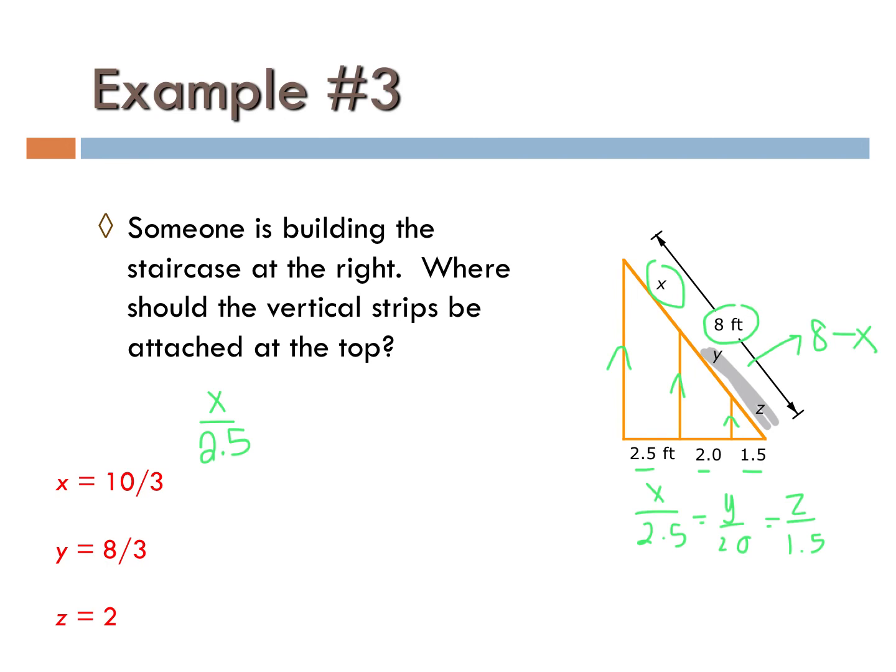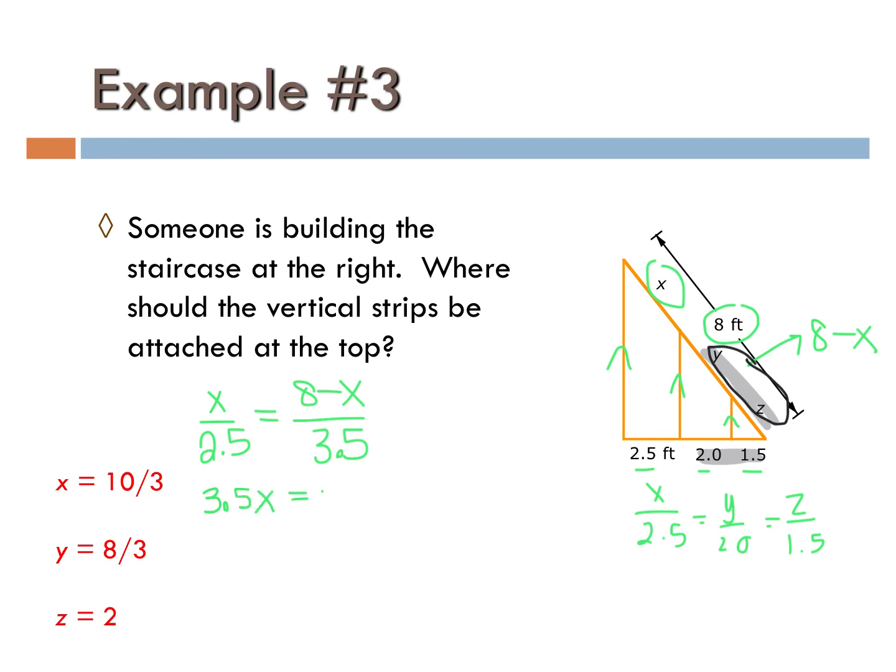So now if I write my numerator as 8 minus X, this entire segment is 8 minus X, and I used my gray highlighter, that's going to go with this entire gray highlighted segment. So my denominator is going to be 2 plus 1.5, aka 3.5. Let's solve this by cross multiplying. 3.5 times X is 3.5X.